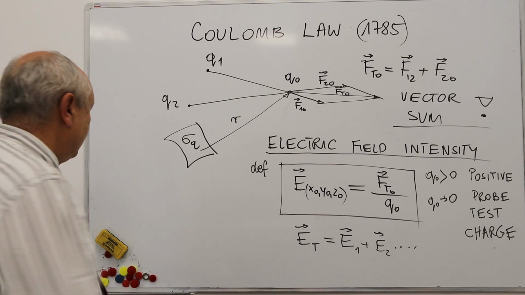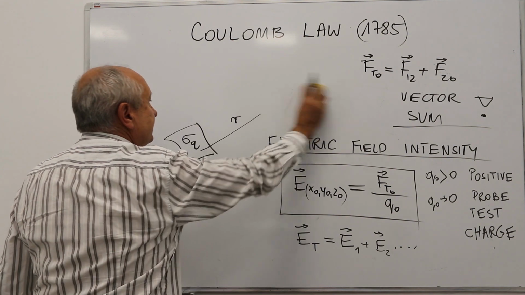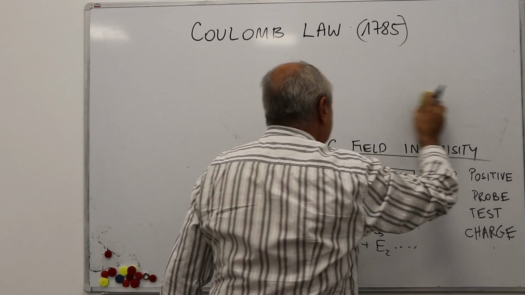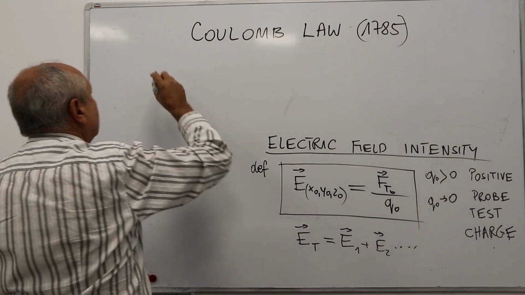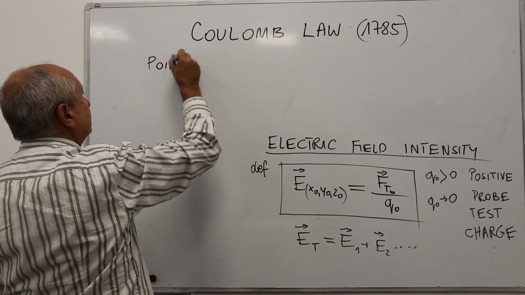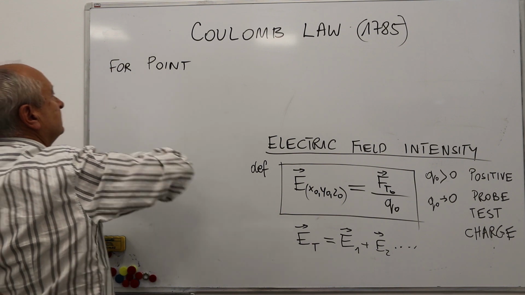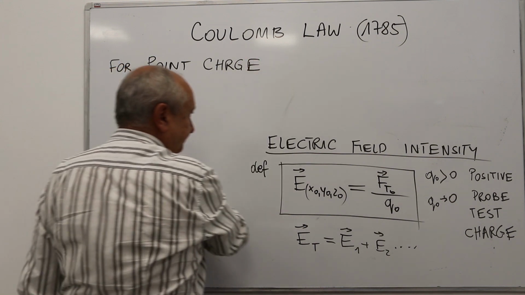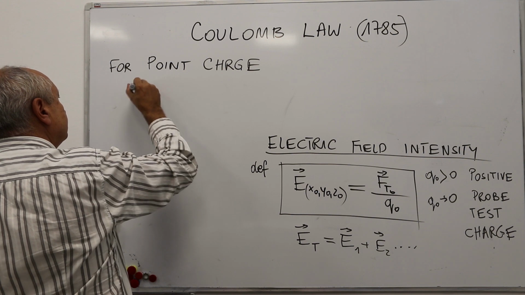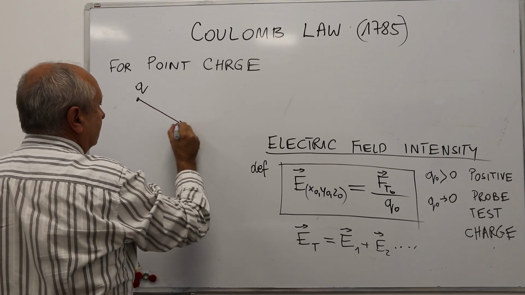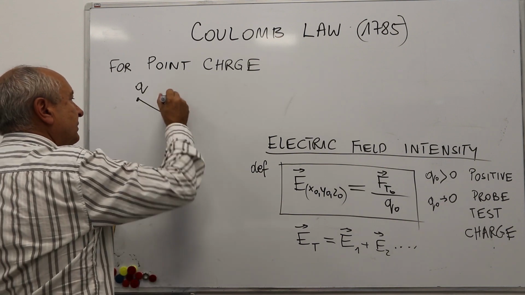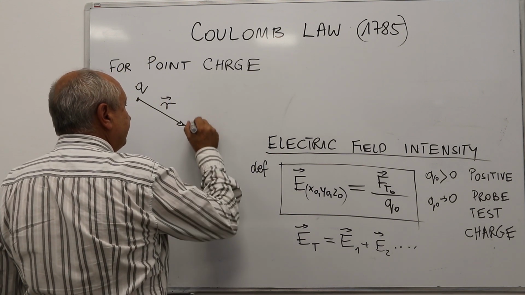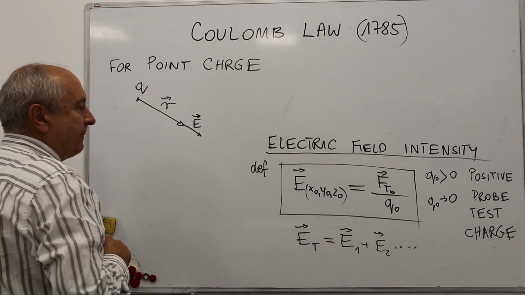For one charge at the distance of r, using this definition and Coulomb's law, we can very easily find the electric field intensity.